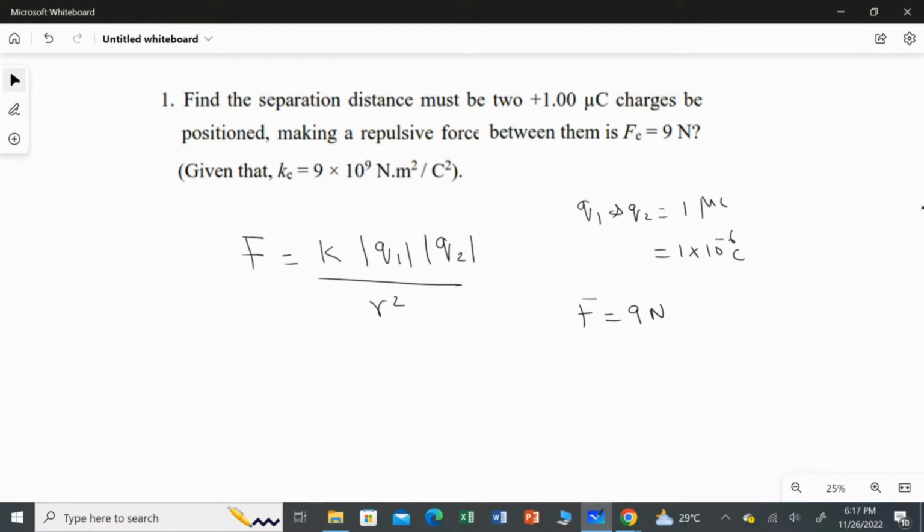So I'm going to take this R square to the left hand side of the numerator, and move this force to the right hand side of the denominator. By that the equation will become R square is equal to the Coulomb constant, the magnitude of the first charge, the magnitude of the second charge, over the force, right?